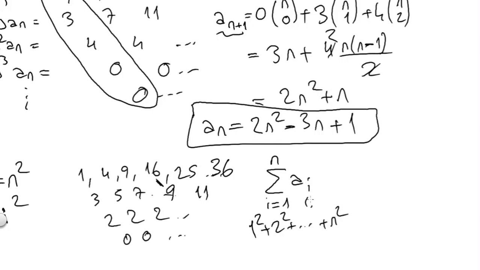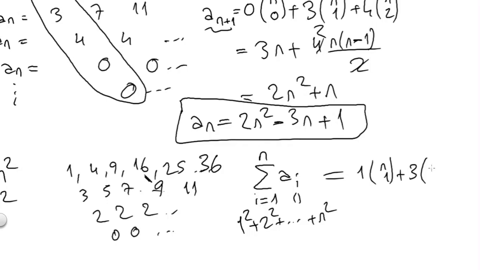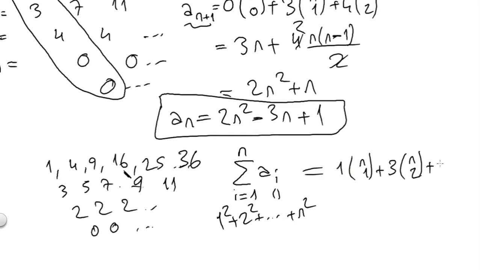So this is equal to, instead of now starting from 0, I'm starting from 1. So I have 1 times n chooses 1, plus 3 times n chooses 2, plus 2 times n chooses 3. And that's it. So this is our answer.